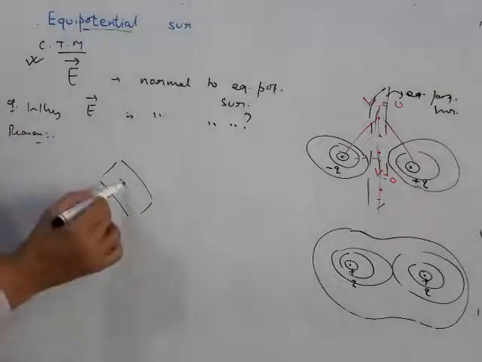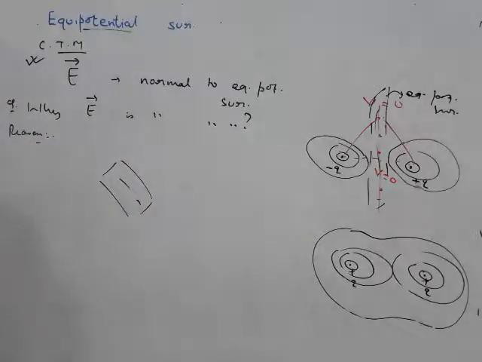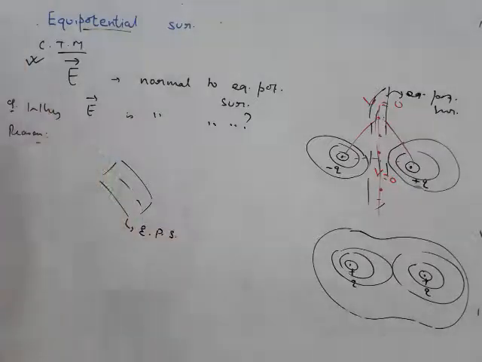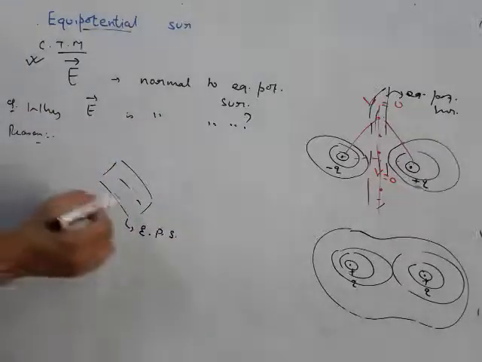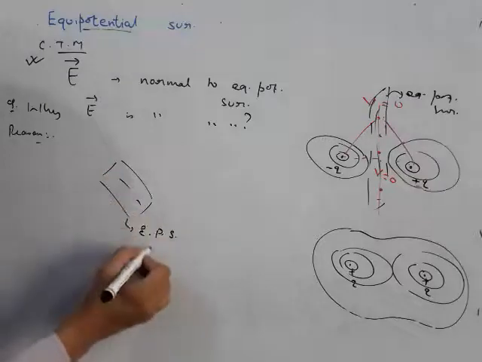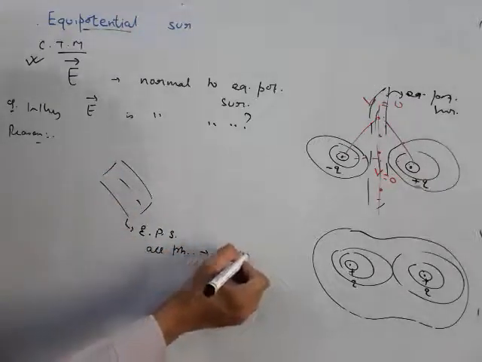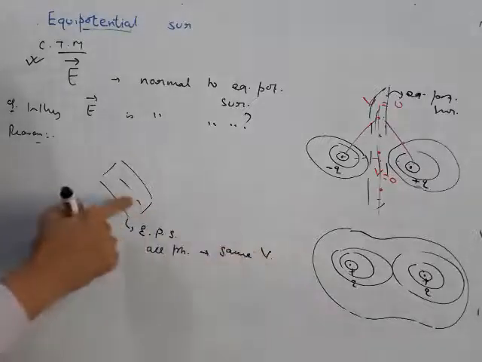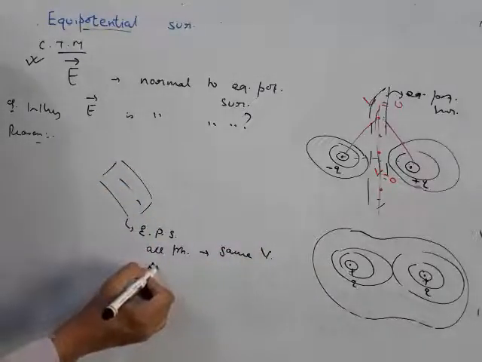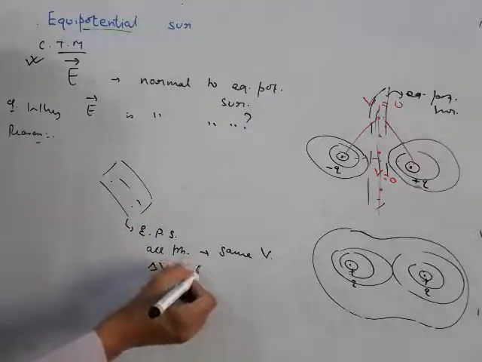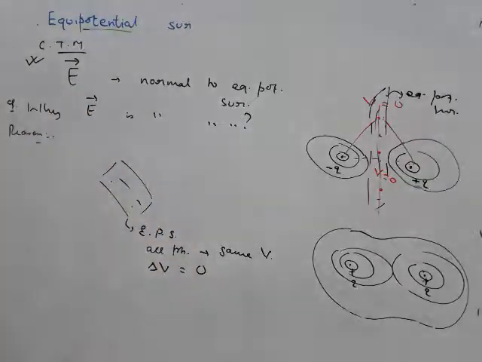If it is an equipotential surface, then by definition all the points on this must have the same potential. All points will have the same value of potential. If potential is the same at all points, the potential difference between any 2 points on this particular equipotential surface must be 0. That is for sure as per the definition for equipotential surfaces.